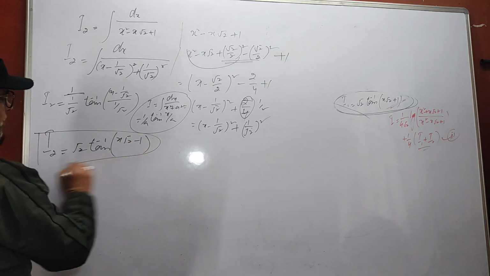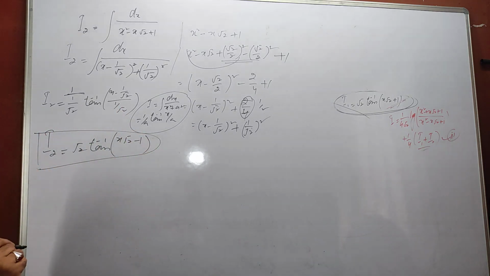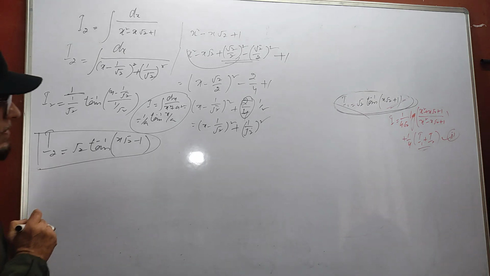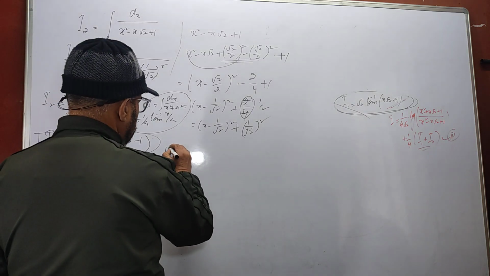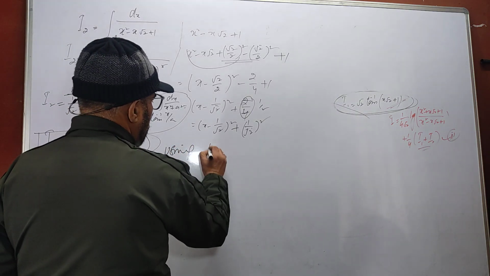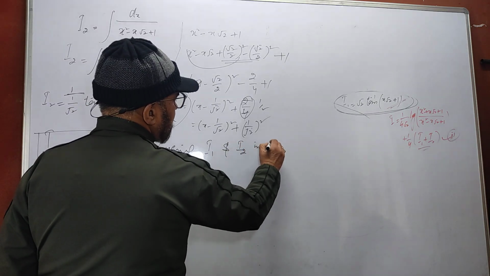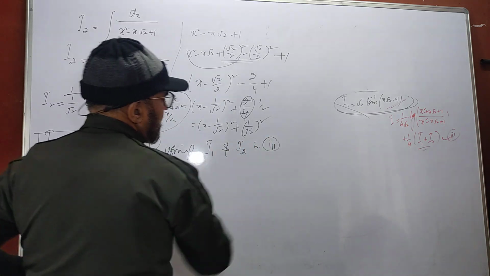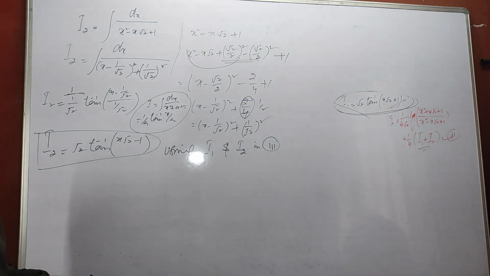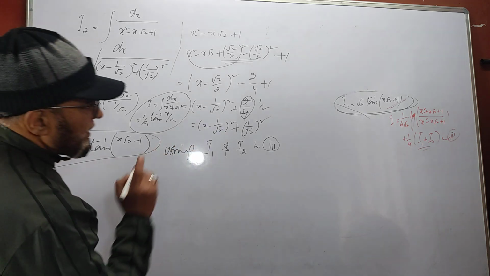This is my I2. I have found out I1, I have found out I2. Using I1 and I2 in the third equation, I will use I1 and I2 in equation number third. What is my third?